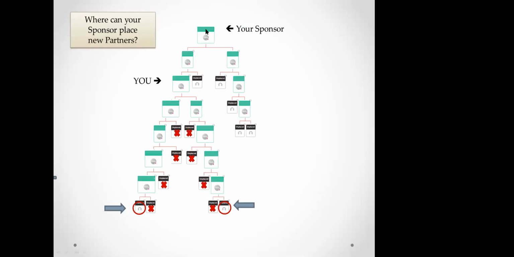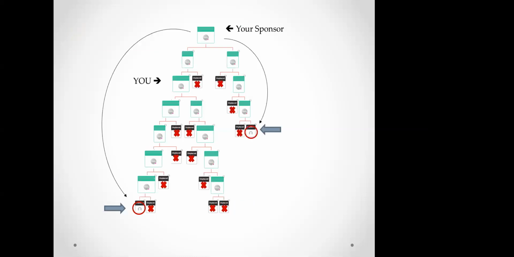So if this is your sponsor up here, where can your sponsor place new partners? Because that's going to happen. That's a little more confusing, but if you look at the red lines, this is your sponsor's left leg, and this is your sponsor's right leg. So they can place people here, to the outside right and the outside left of their legs.